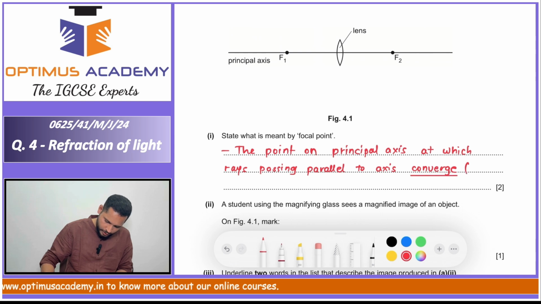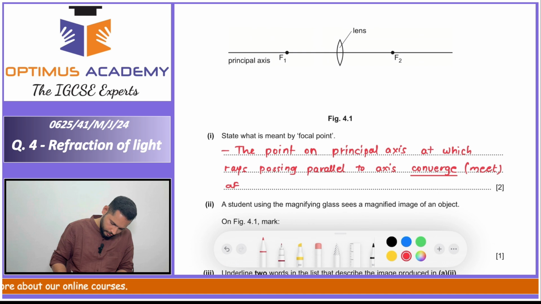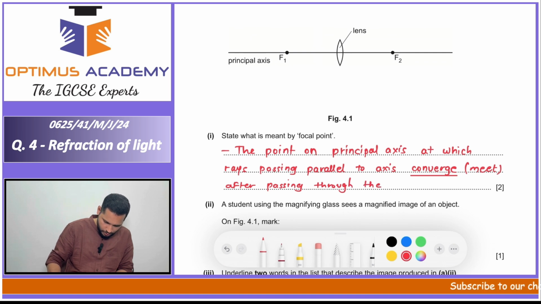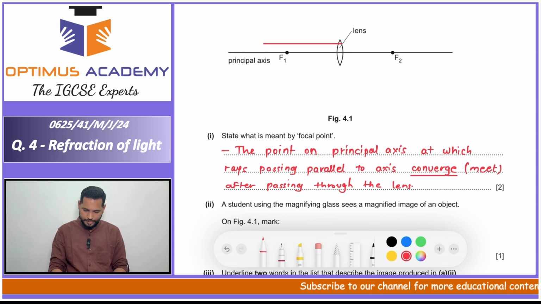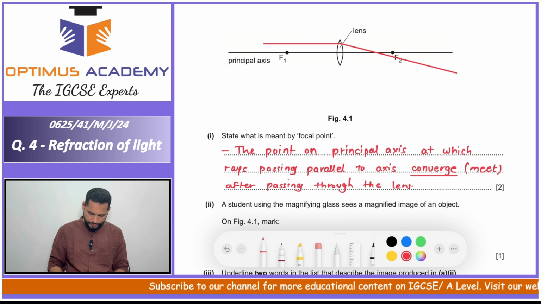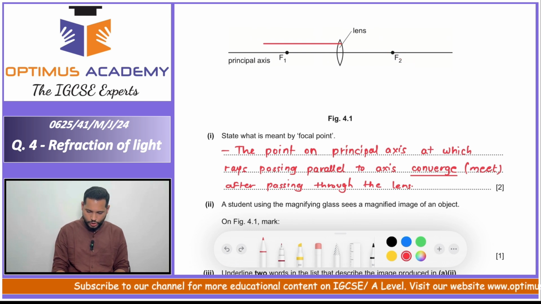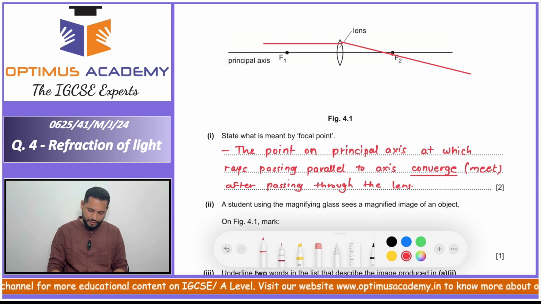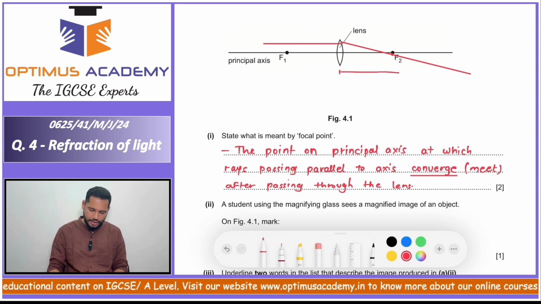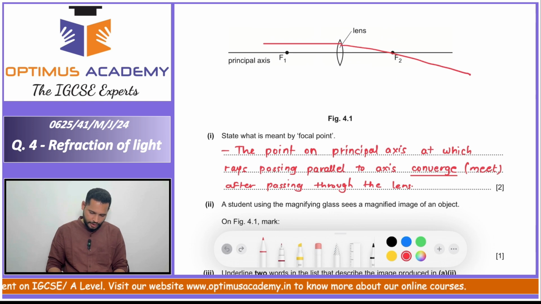Now what do we understand by converge? They meet each other after passing through the lens. So for example, we draw a ray parallel to the principal axis like this. After passing through the lens, this ray is going to go through point F2, like this. So if it goes through the point F2, we can say point F2 is the focus, and the distance between the optical center and the focus is called the focal length of the lens. We'll go to the next question.